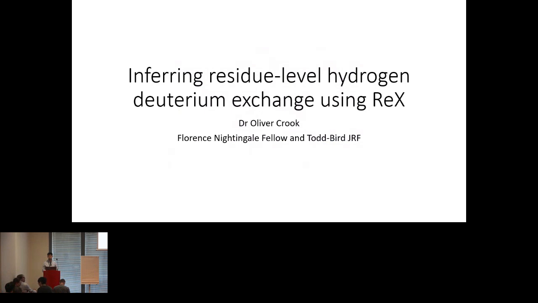It's a method to measure the conformational heterogeneity of proteins or protein complexes, so basically their shape and how they move. The way it works is we take purified protein or protein complexes and incubate them in heavy water for a certain amount of time.